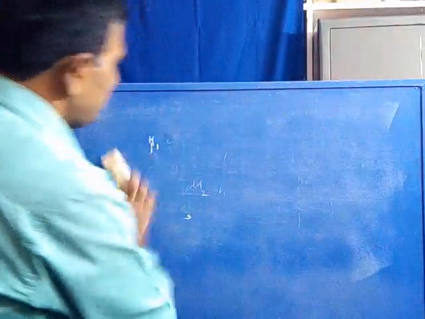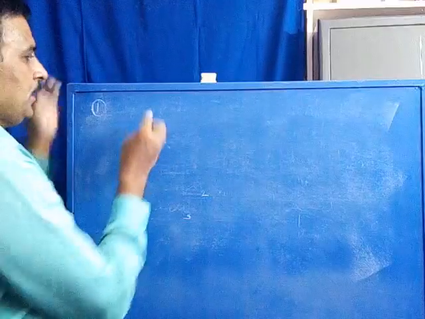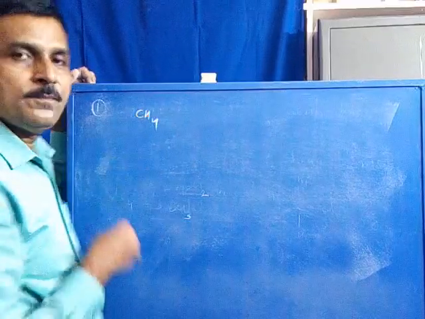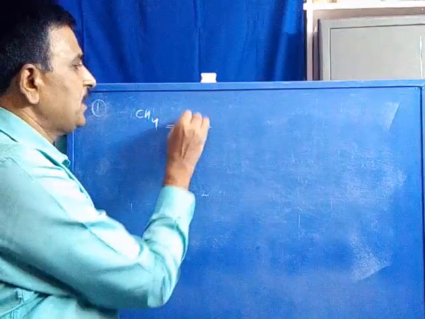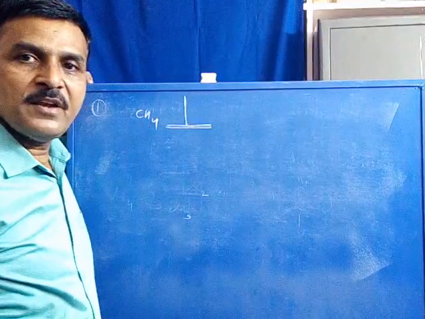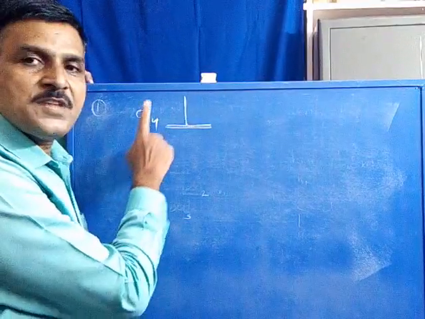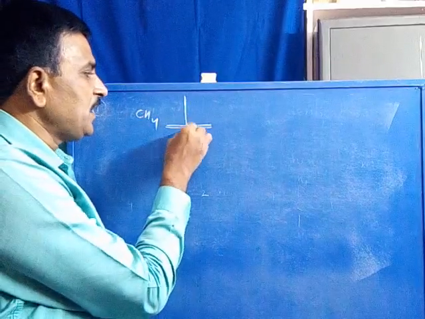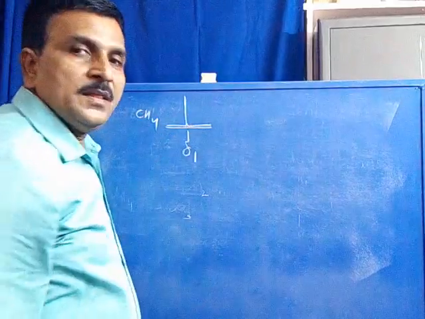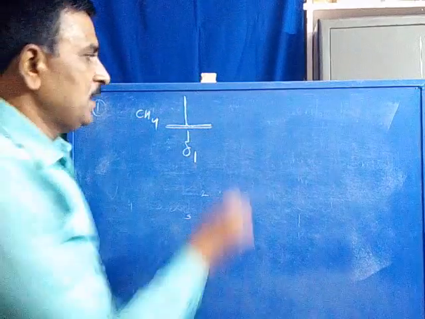For example, take CH4. All 4 protons are equivalent and appear as one signal like this. The first, second, third and fourth hydrogens absorb energy at the same frequency, therefore we get only one signal.